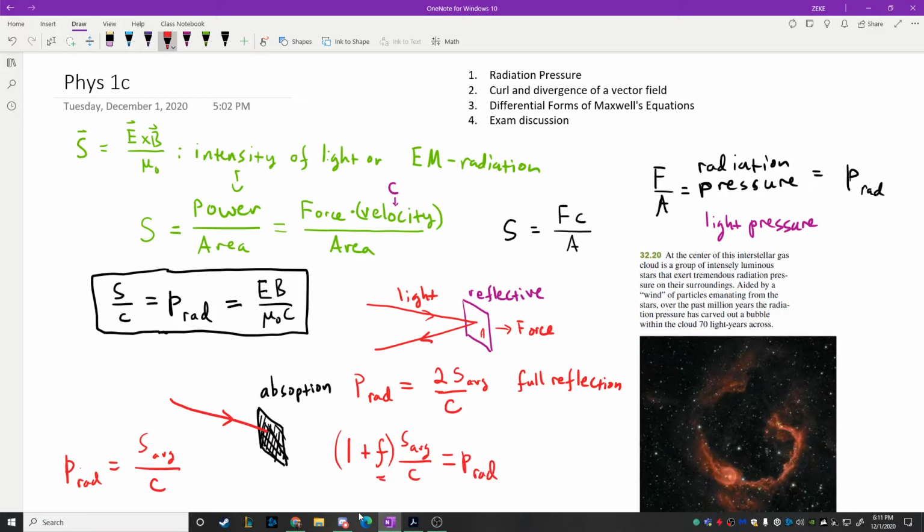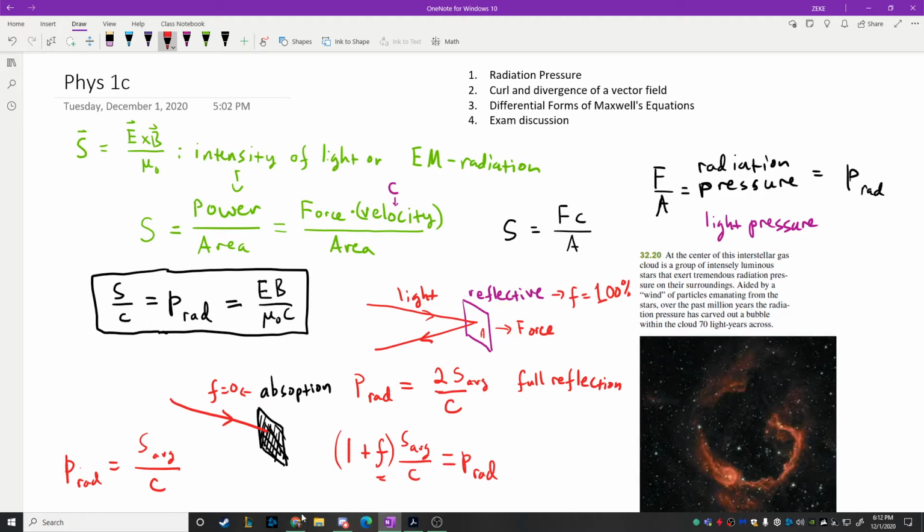Like if it's 50%, you'd be 1 plus 0.5. If it's absorption, this one would have F equal to 0, and reflective would have F equal to 1. This would be like 100%, right? So if it was like 70% reflective, you put 1 plus 0.7.